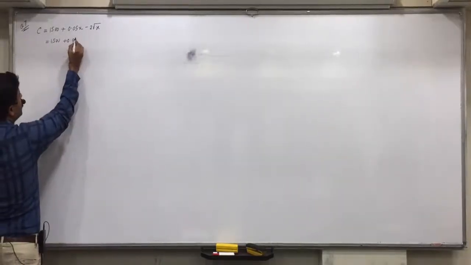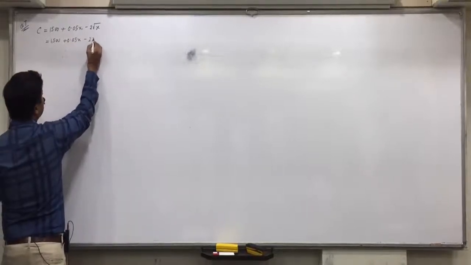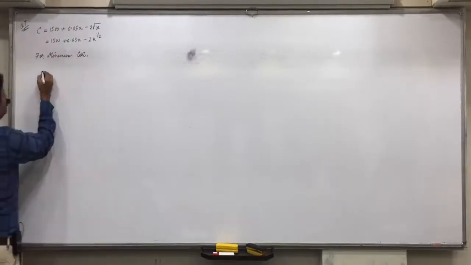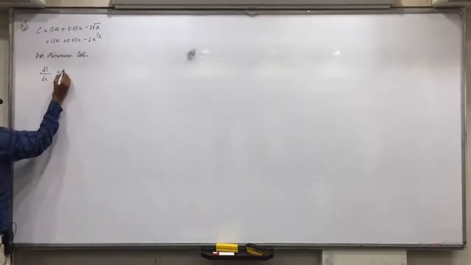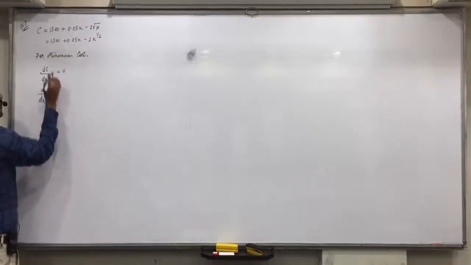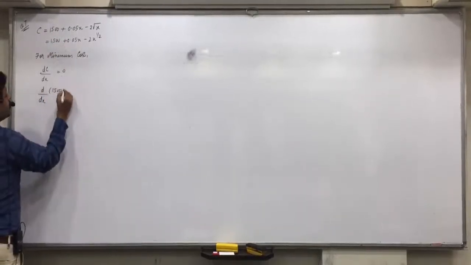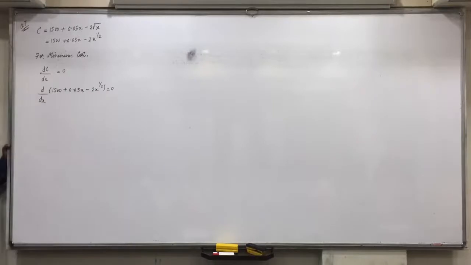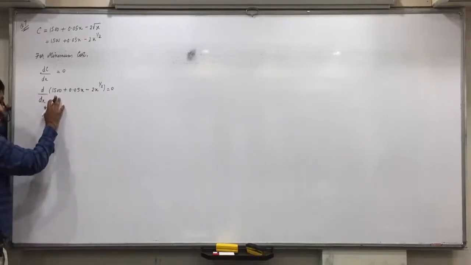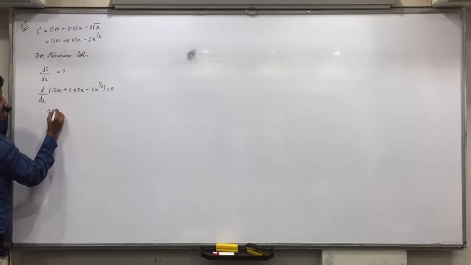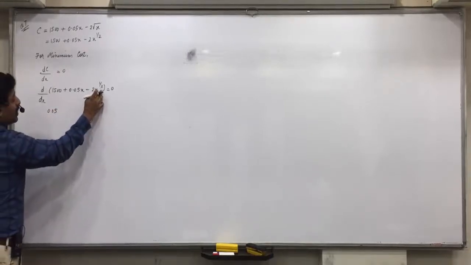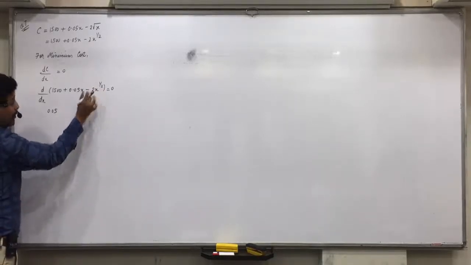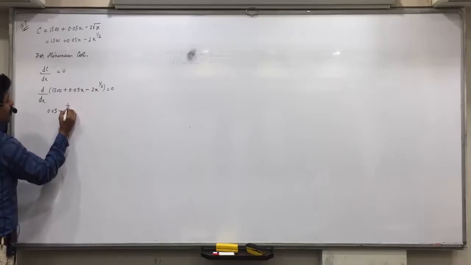First of all we have to simplify this. 1500 plus 0.05x minus 2x raised to 1 by 2. Now for minimum cost, dc upon dx must be equal to 0. So d upon dx of 1500 plus 0.05x minus 2x raised to 1 by 2 must be equal to 0. 1500 becomes 0. 0.05x, only 0.05. 2 into 1 by 2 is simply 1. x raised to 1 by 2 minus 1.